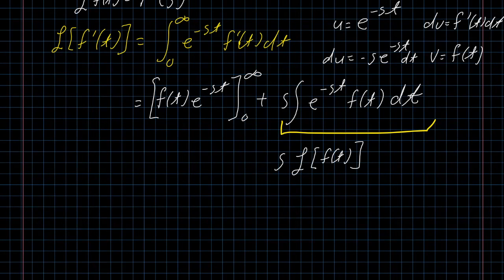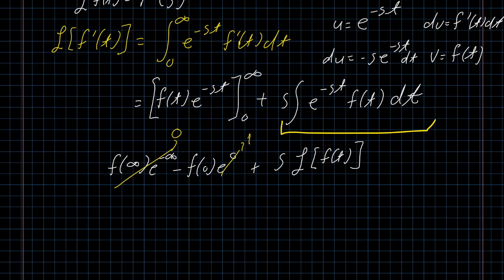The first term, like I said, a little bit messier. We're going to have f of infinity e to the minus infinity. And assuming that f itself is not exponential, this is going to go to 0. Same thing we've used in the past. And then we'll have minus f of 0 e to the 0. Well, anything raised to the 0 power is not 0, it is 1.